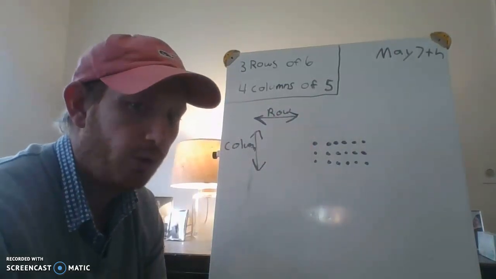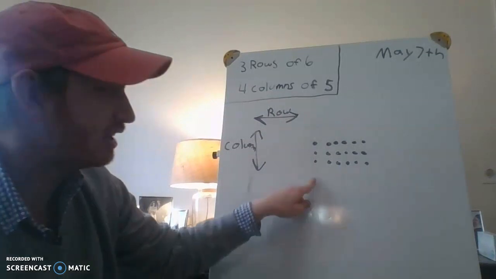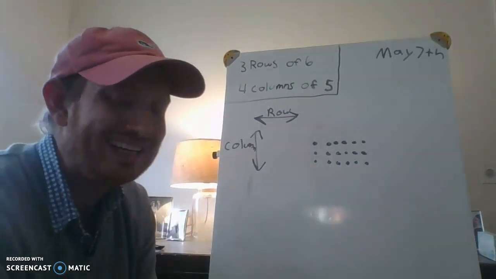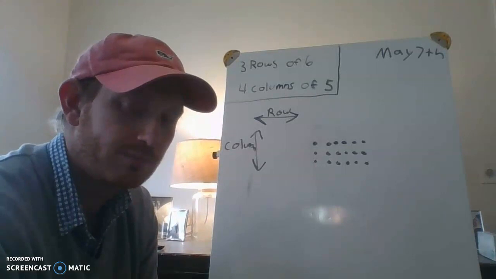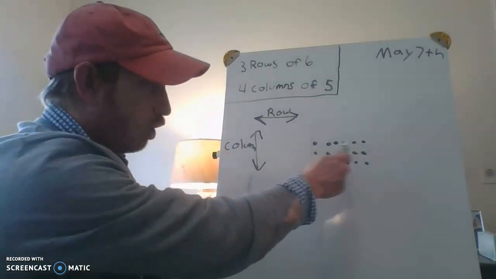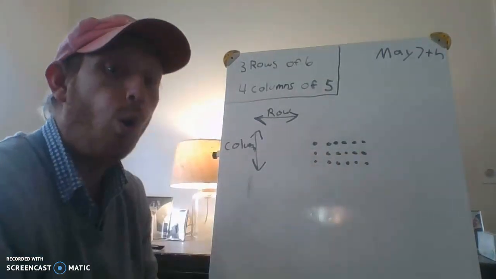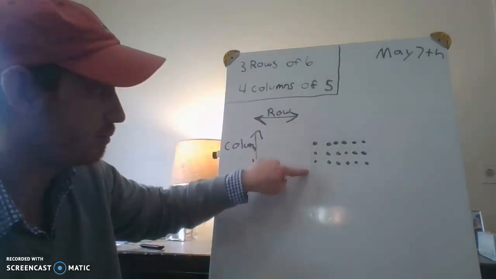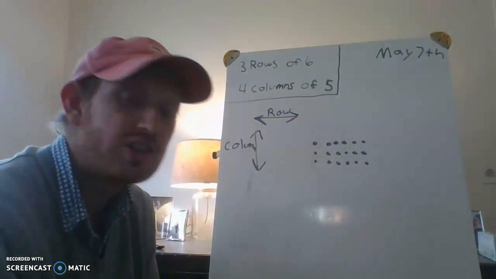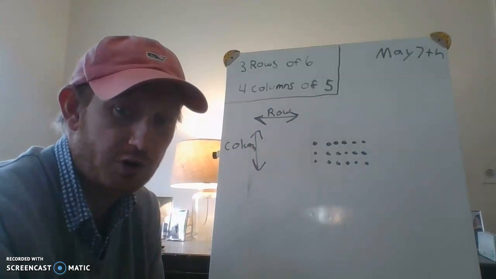But as you've learned before, we can make 2 different repeated additions out of this problem. We can do it using the rows, or we can do it using the columns. For this problem, I'm going to use the rows first.